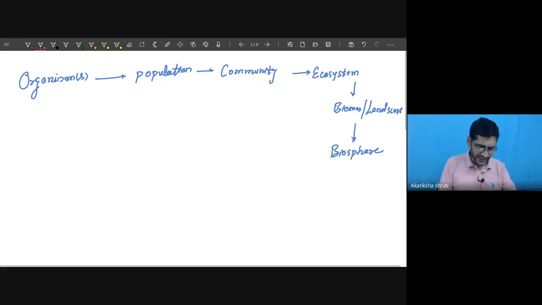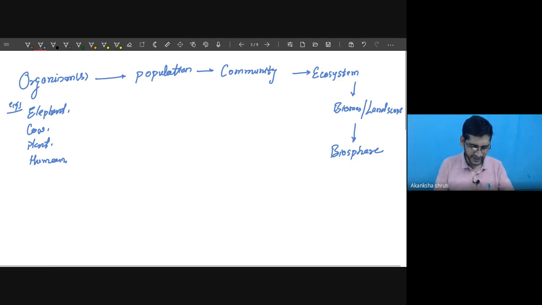So students, an organism, for example, may be your elephant, maybe your cow, maybe a particular kind of plant, or human, etc. So individual organism.